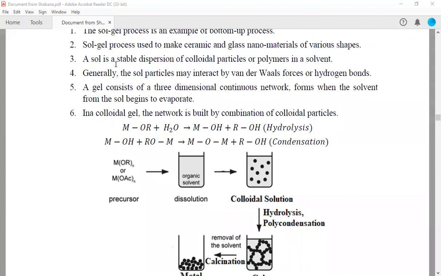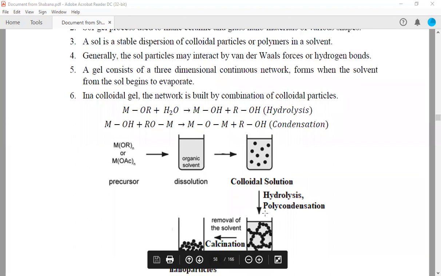A sol is a stable dispersion of colloidal particles or polymers in a solvent, where the sol particles may interact by van der Waals forces or hydrogen bonds, and a gel consists of a three-dimensional continuous network that forms when the solvent from the sol begins to evaporate.